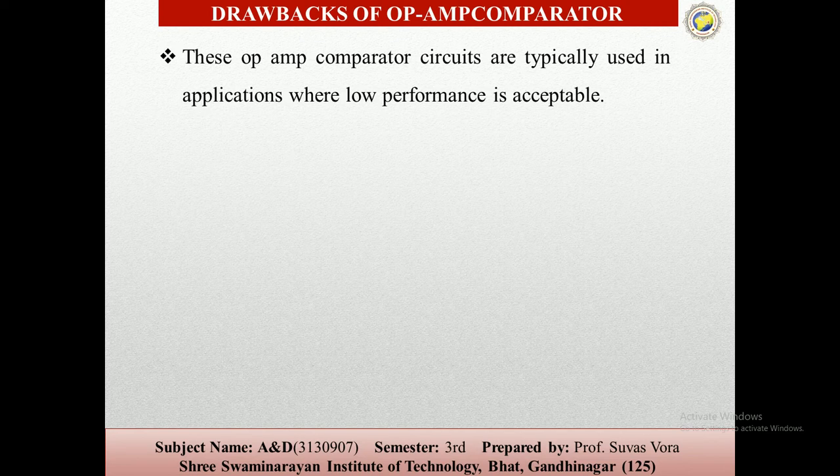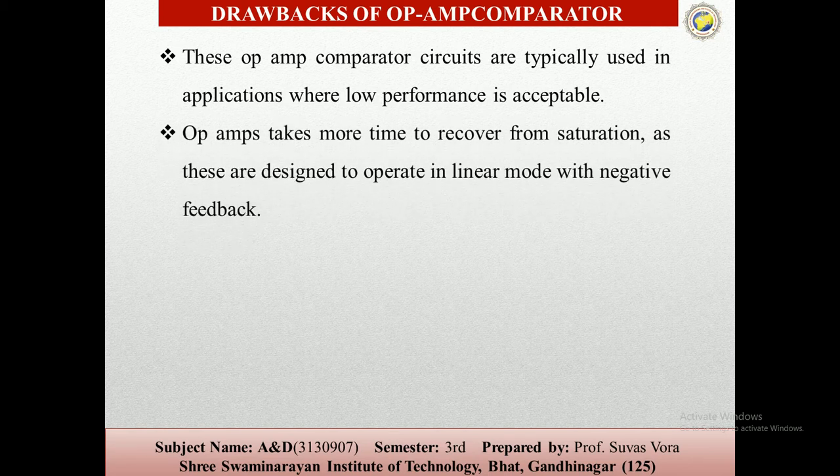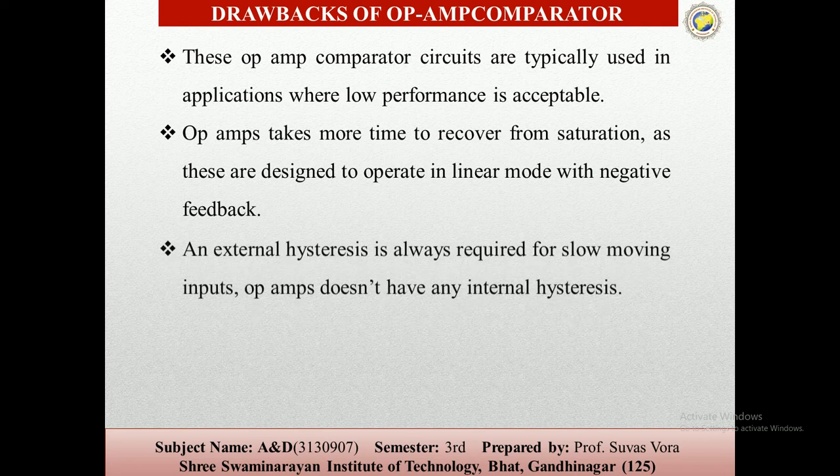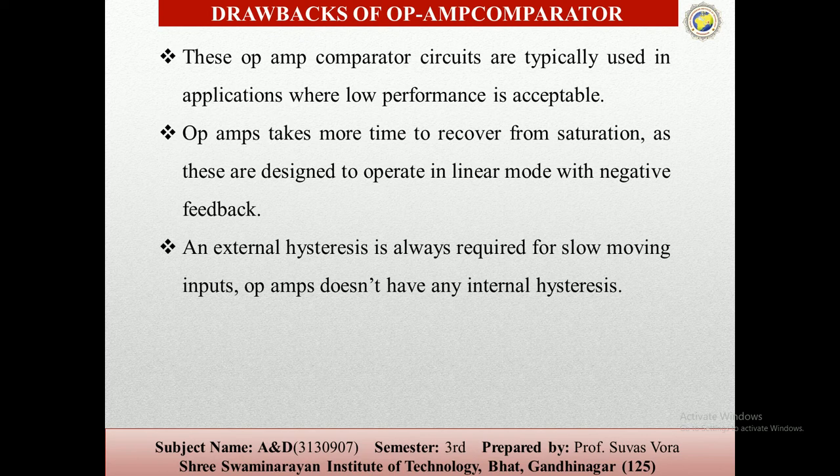So this is a disadvantage. The op-amp takes more time to recover from saturation as these are designed to operate in a linear mode with negative feedback. Another one is that external hysteresis is always required for slow moving input, and the op-amp doesn't have any internal hysteresis.